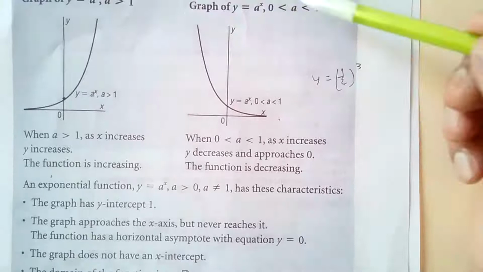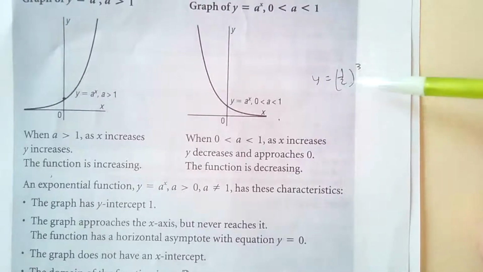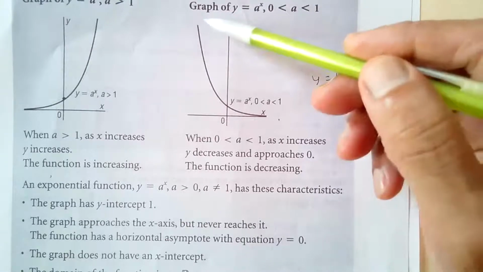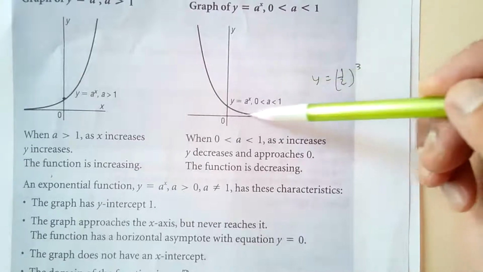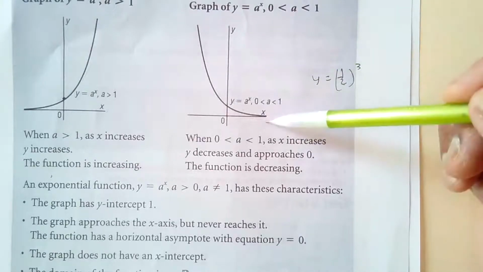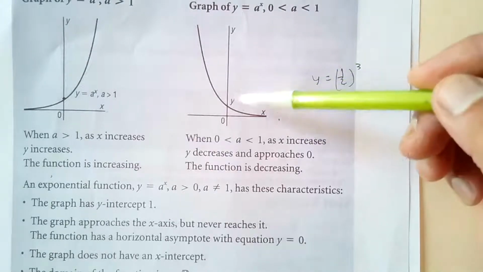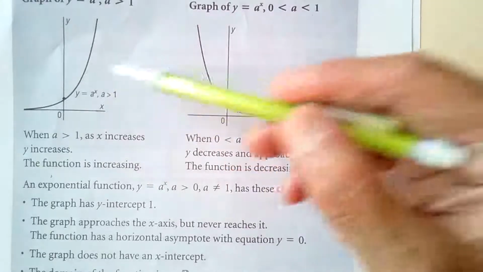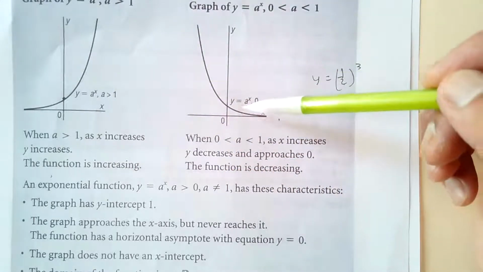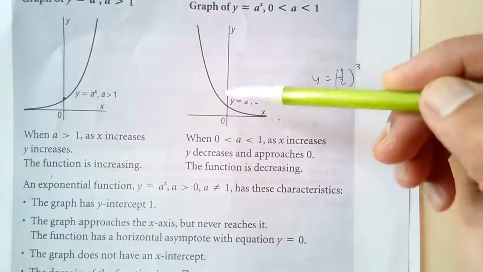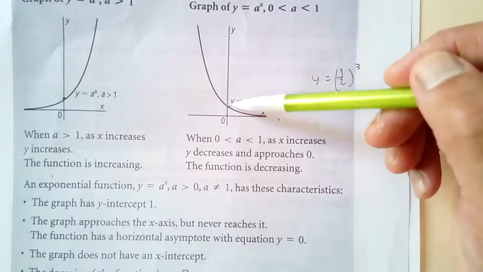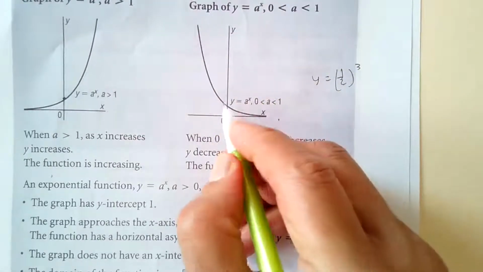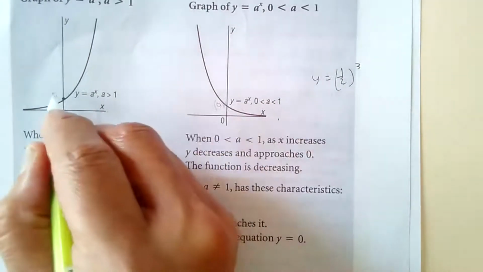If a is between 0 and 1, for example, y equals one half to the power x, then the graph is a decreasing graph. In other words, as x increases, y decreases. That's the basic difference between the two. Otherwise, the range is the same, the domain is the same, and the y-intercept is 0, 1, same as over here.